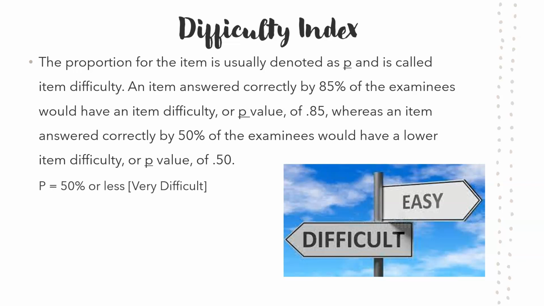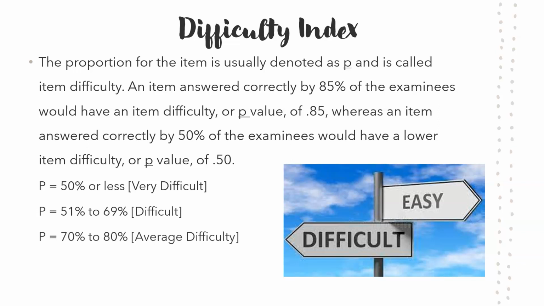Now, a p of 50% or less means that the item is very difficult. A p of 51 to 69 means it's difficult. 70 to 80 means it's average difficulty. And if 81 to 100% got it correct, then it is easy.